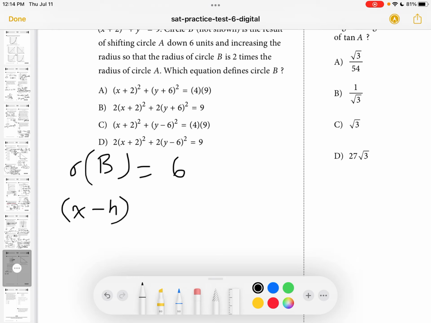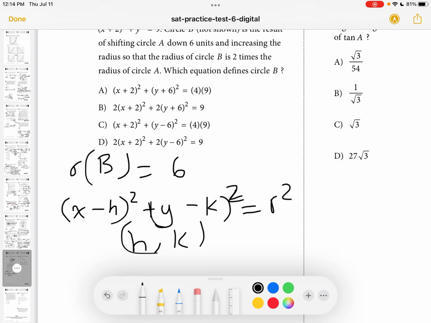And the general form of an equation of a circle is (x − h)² + (y − k)² = r², where (h, k) is the center of the circle.